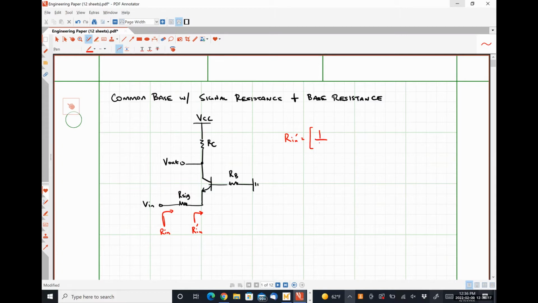One over RE plus (1 plus beta) divided by (R pi plus RB), all to the -1 power. So effectively, it's our emitter resistance in parallel with the reciprocal of this guy. Well, if this is an open circuit, that bit just goes away.